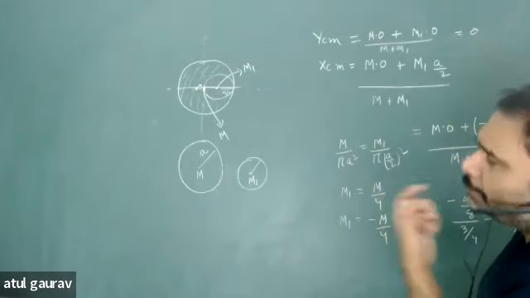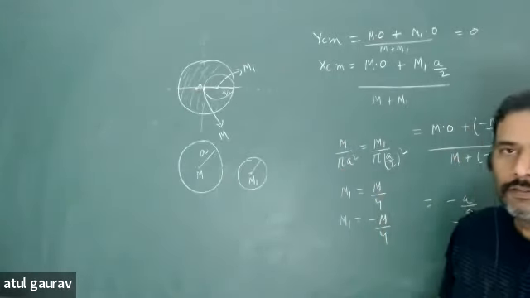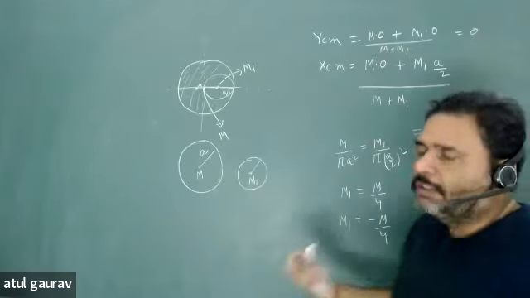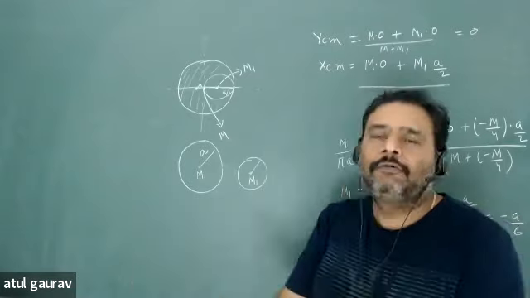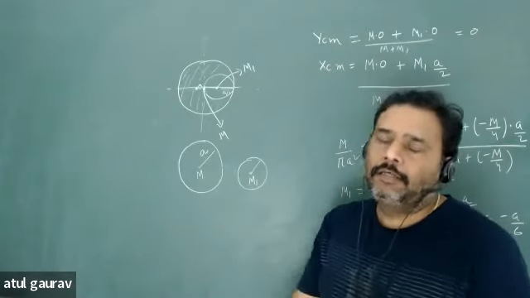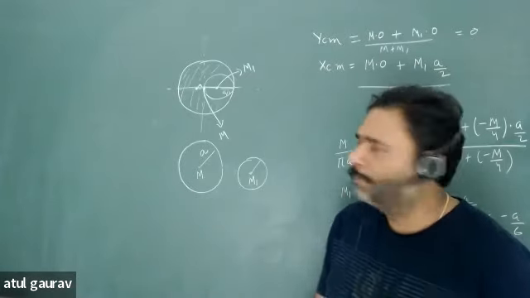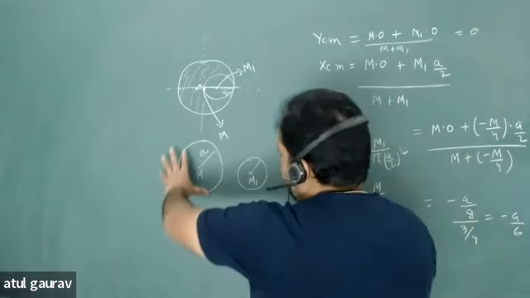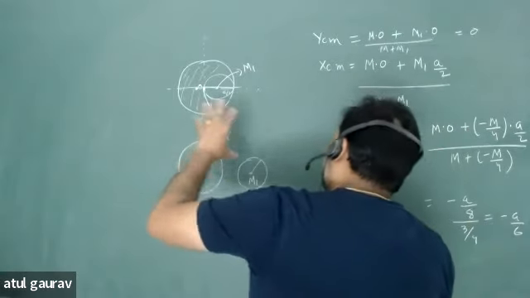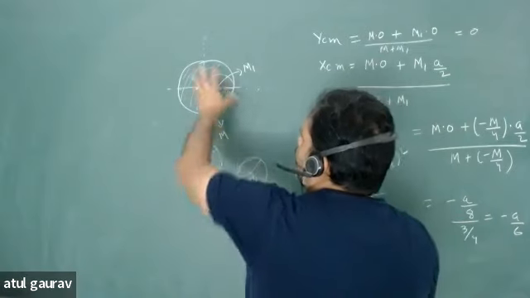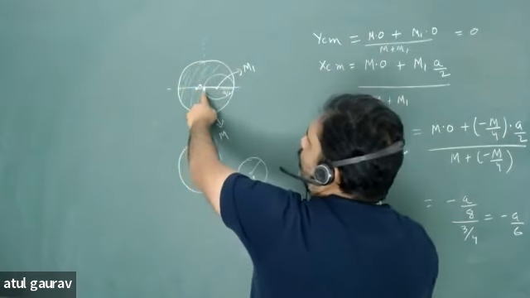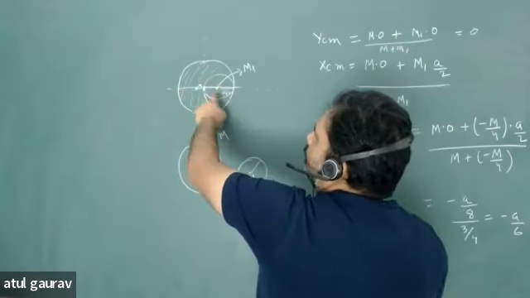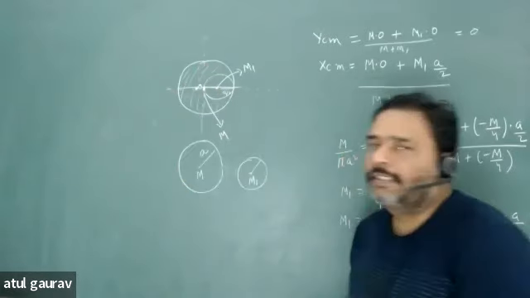So this concept is very interesting. You can use the point mass concept for two separate bodies, and then you can find the combined center of mass of the system. We have just kept this thing separate, and with respect to this, we have assumed there is one point mass, there is another point mass, and we can find the center of mass.